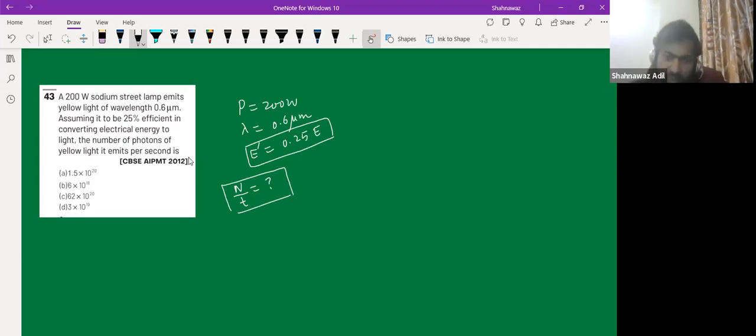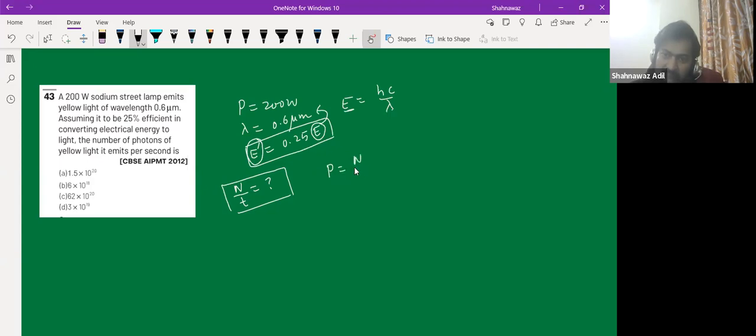Yeah, so okay, this time we can calculate this, right? So we can calculate this E from here. So this E is how much? Hc by lambda. So use this lambda, you calculate this E, then calculate the E prime, and from this E prime you have to calculate this N by T. So what is the formula?